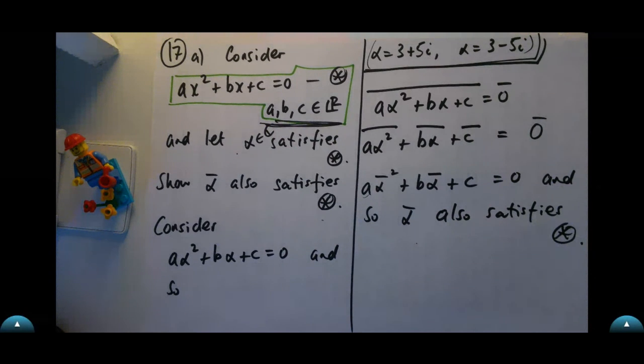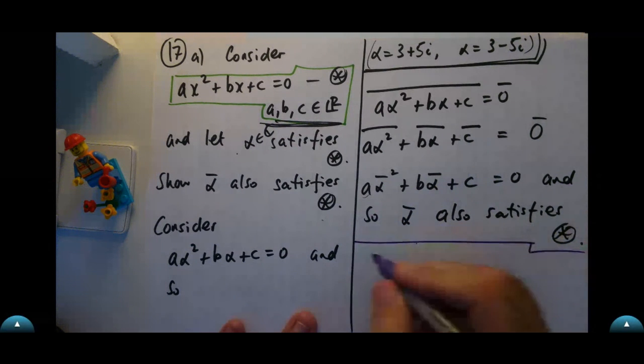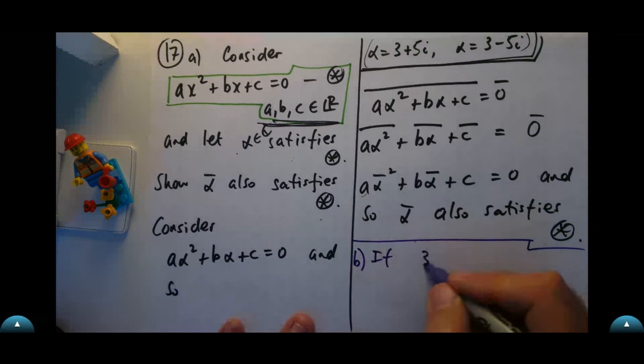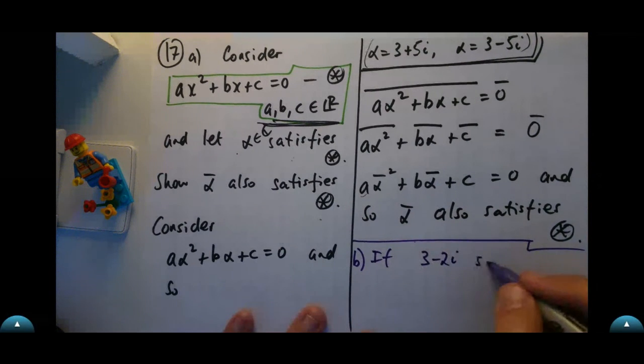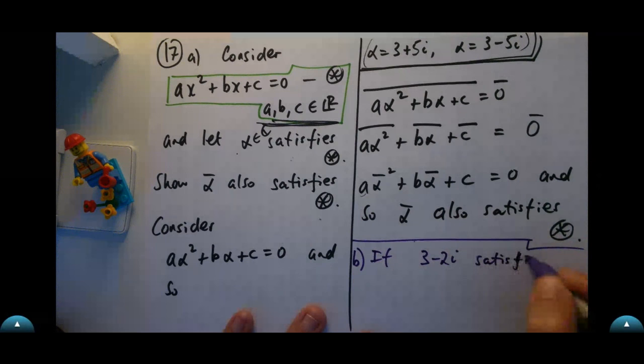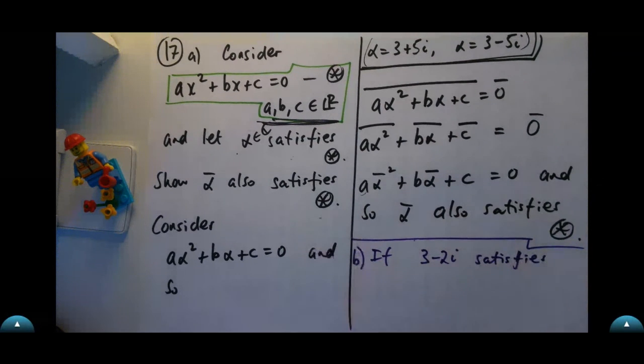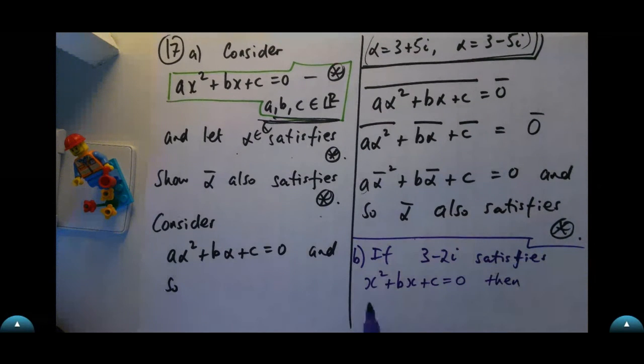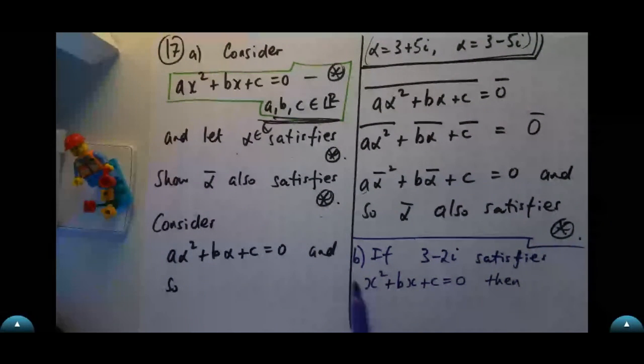So the next part of the question, and this is the last one I'll do. If this satisfies an equation like this, then, so here we've just got a 1 instead of a, and B and C are real.